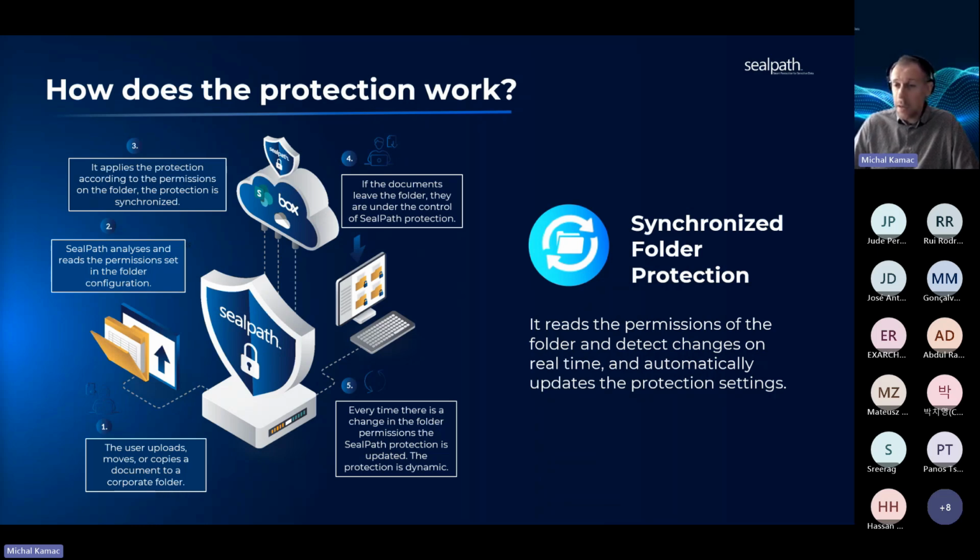So in that case, basically what happens is we read permissions from your SharePoint, from your Nextcloud, permissions that you have assigned over a certain folder for certain users. We read what permissions are given for that folder, and we dynamically create and update our federated policy accordingly to those permissions.